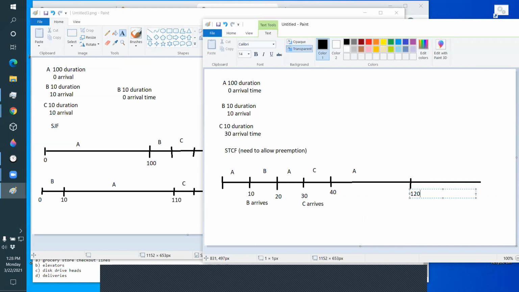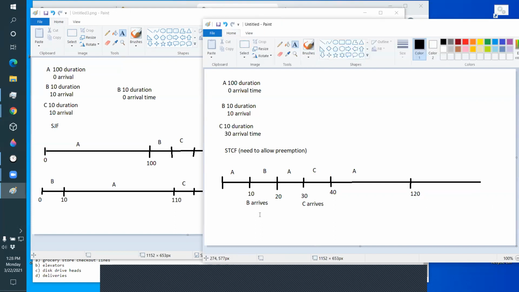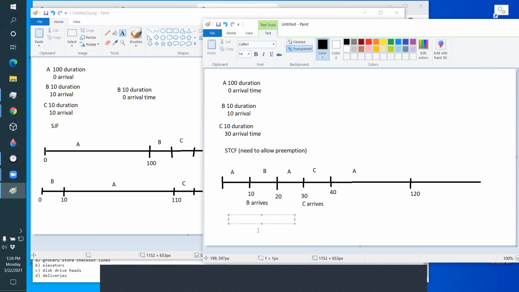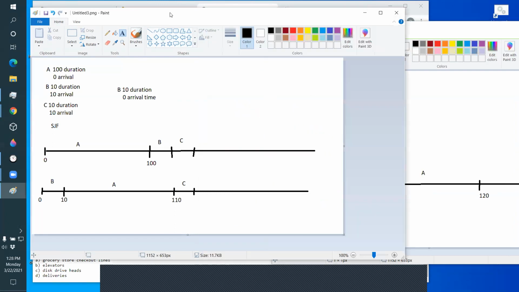Okay. Now, B and C have good response times. Okay. The response time for B is, let's compare what's over here.